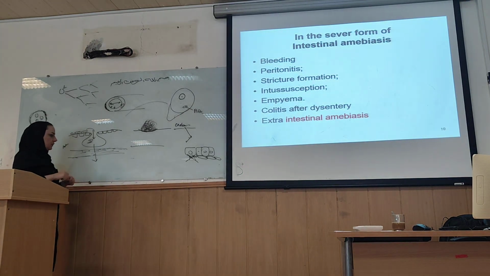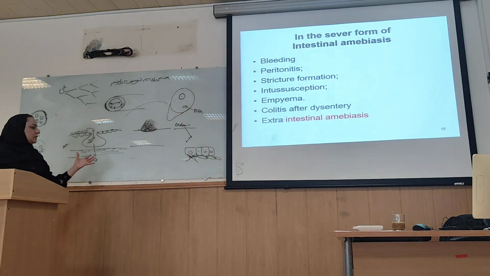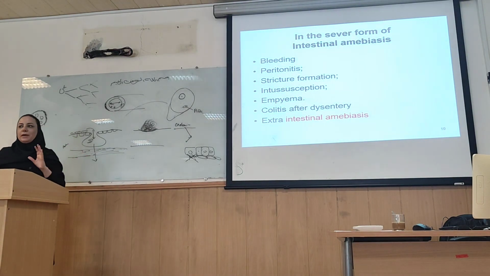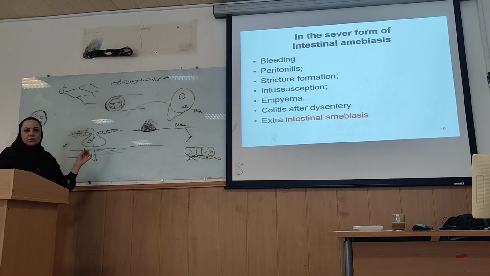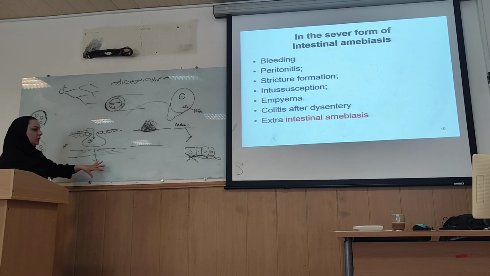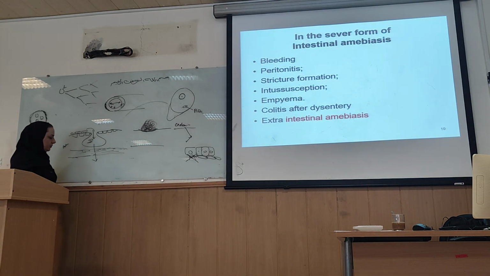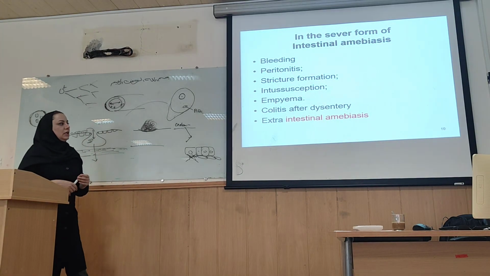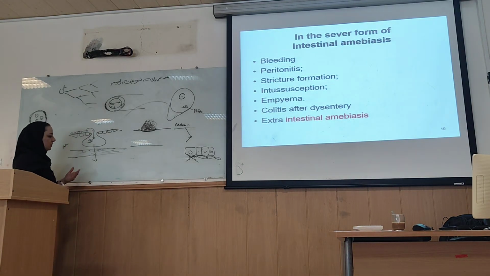Here we have so many immune cells, and it is sterile, without any bacteria or microbial agents. When they penetrate to the peritoneum, they produce acute inflammation. That is very dangerous and can be fatal.